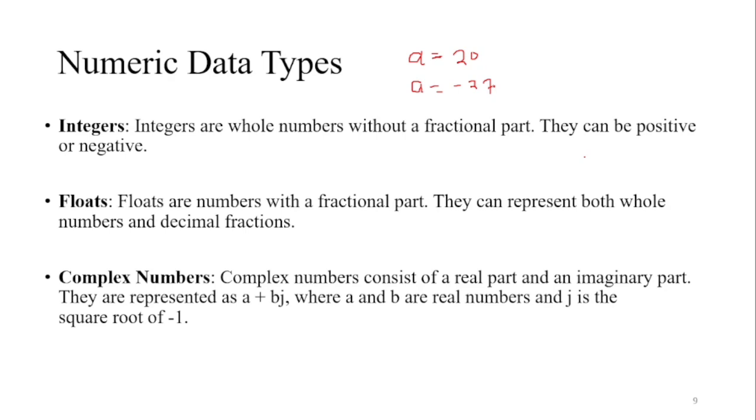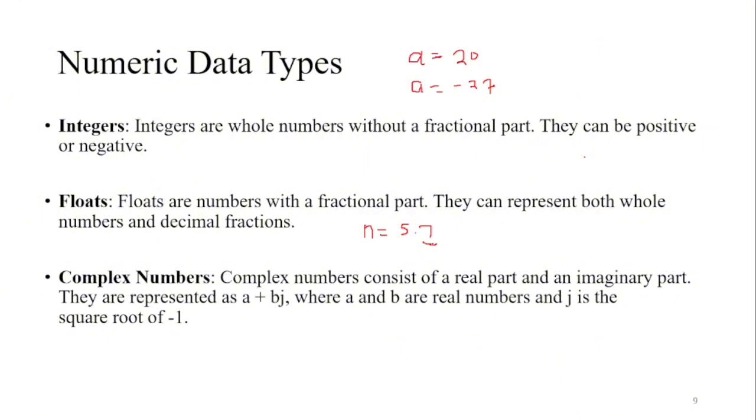What about floats? Floats are numbers with a fractional part. So I can say I have, for example, n, where I am defining my float data type, and I can say I have 5.7.